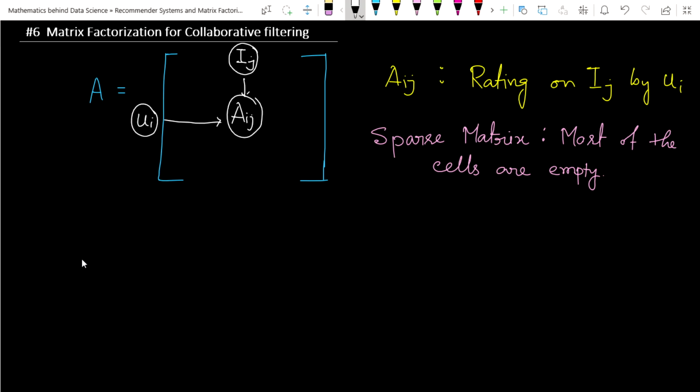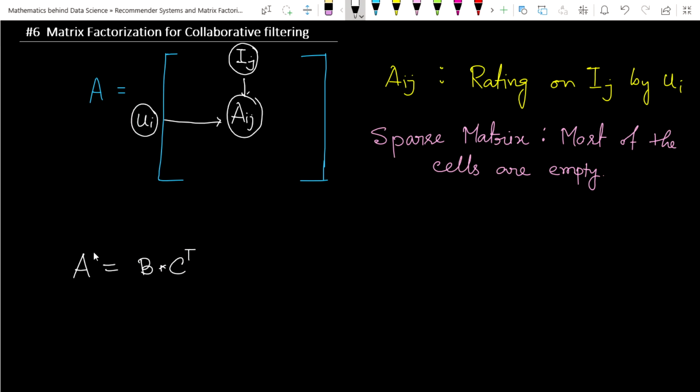In non-negative matrix factorization, we have a matrix A, and we factorize it in such a way that A is B times C transpose, where B and C are non-negative matrices. All the elements of B and C are greater than 0. That's the condition here.